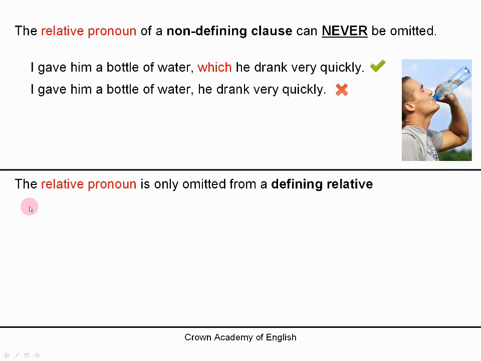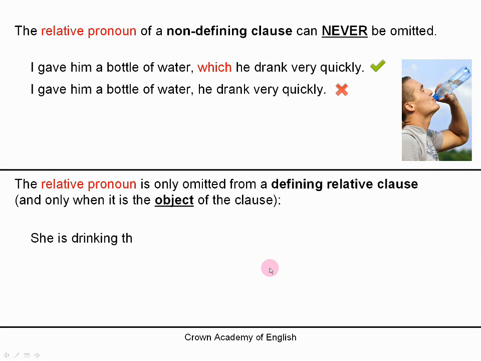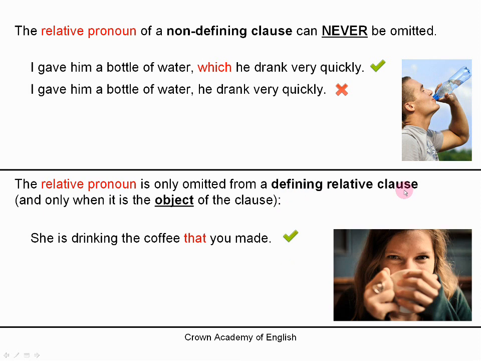So this is an important rule. The relative pronoun is only omitted from a defining relative clause, and only when it is the object of the clause. Example of a defining relative clause. She is drinking the coffee that you made.